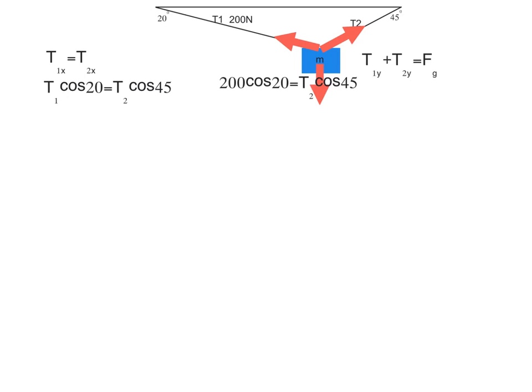Okay, see if I can move this. Here we go. So now we're going to have T1 is 200 times the cos of 20 degrees, and this will equal T2 cos of 45 degrees. There we go. So if we punch 200 cos of 20 into our calculator, we'll get that that's 188.